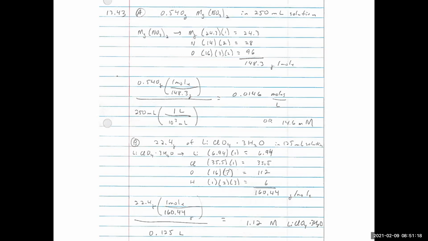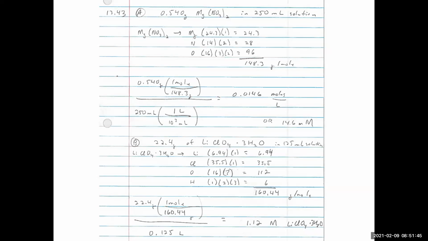Sometimes people get a little confused and forget to add the oxygens from the water, or they just add one of them. Make sure you have all 3 from the water, and the 4 from the other part of the compound. If you do all that correctly, you get a molecular weight of 160.44, and that's what we would need.